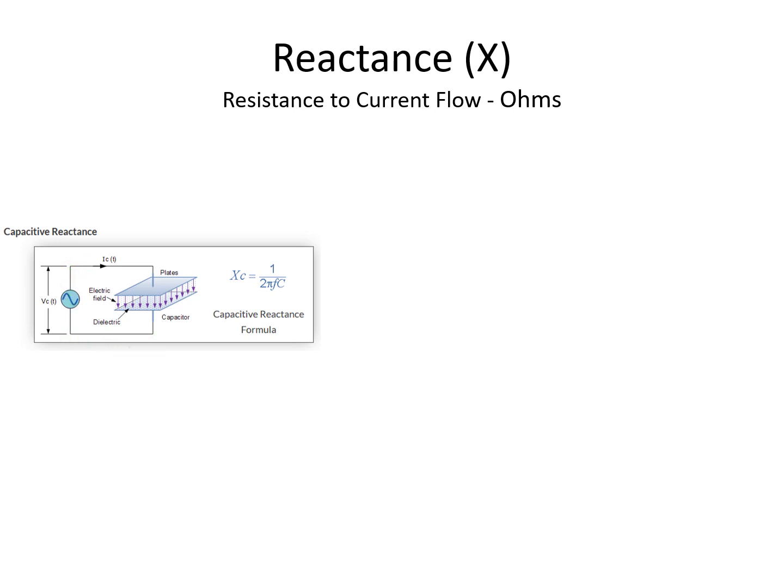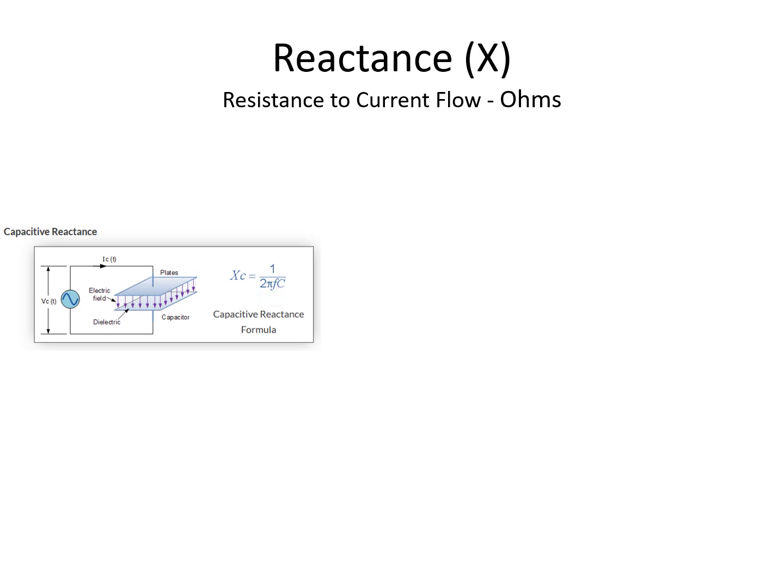And what happens here is that the reactance of this capacitor can be calculated, X sub C, as 1 divided by 2 times pi times the frequency times the capacitance in farads. And if you'll notice in this formula, the frequency is in the denominator.